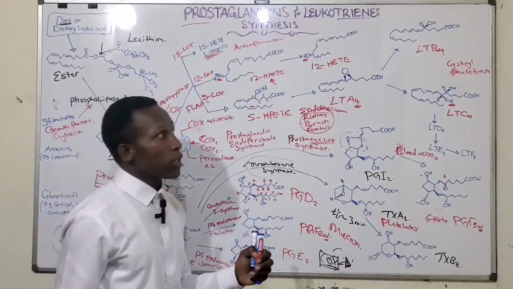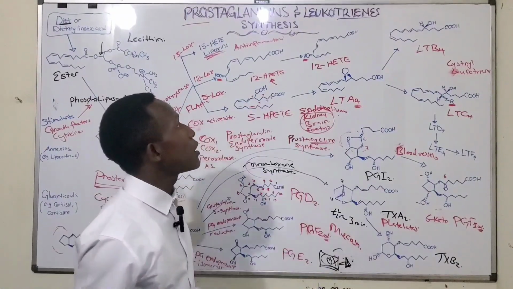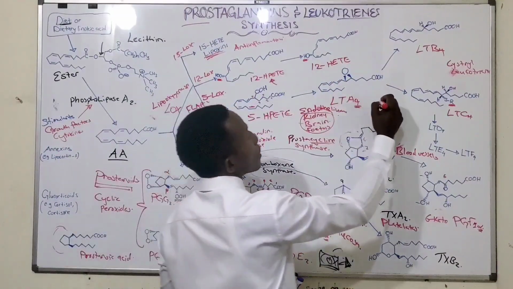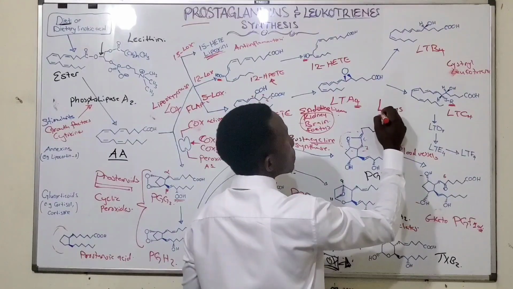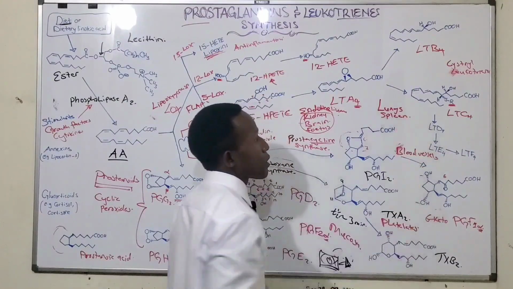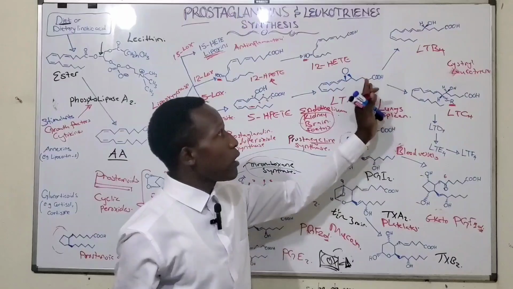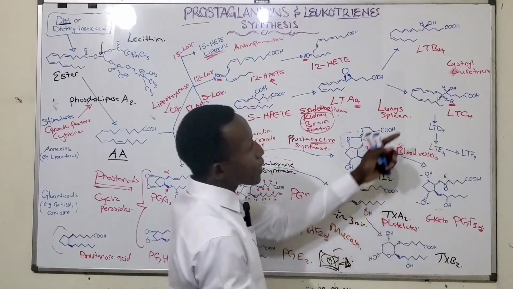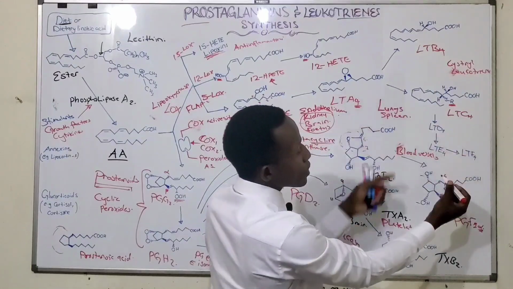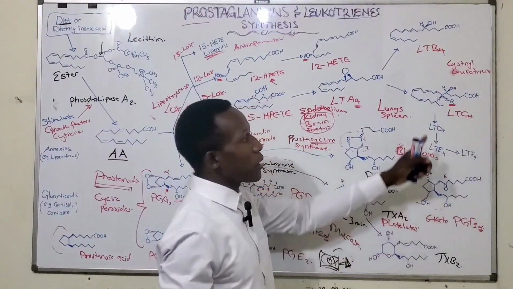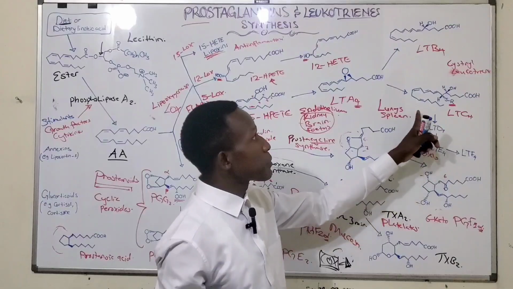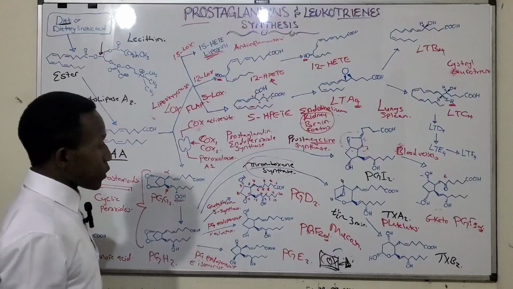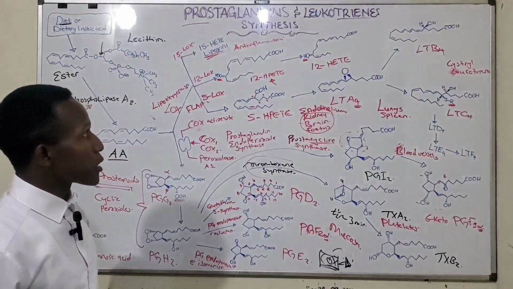You can find that some tissues can produce all the prostaglandins and leukotrienes. For example, the lungs and spleen can produce the leukotrienes and the prostaglandins. You can find that these leukotrienes are produced much more in asthmatic patients. So let's talk about the different drugs where they act at different sites.